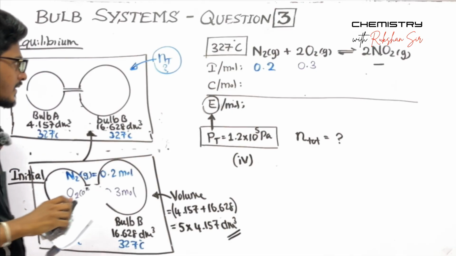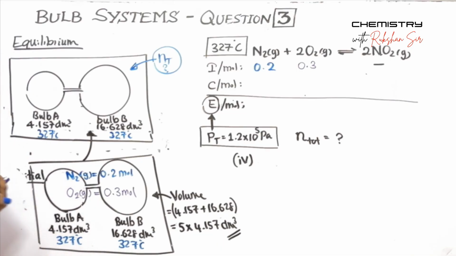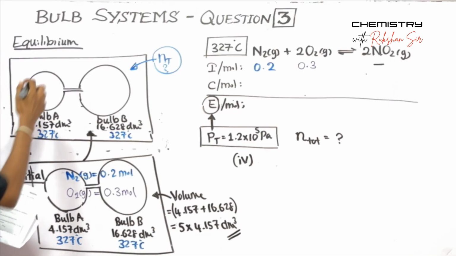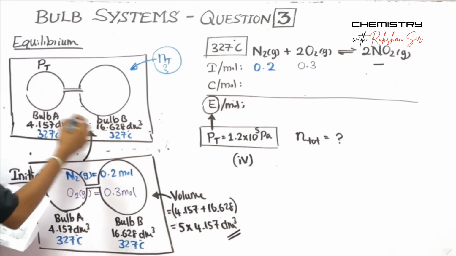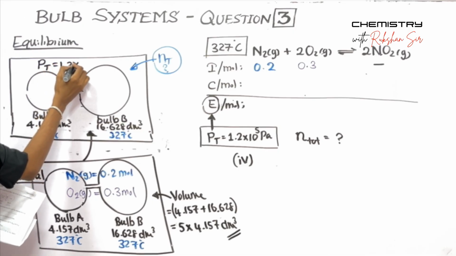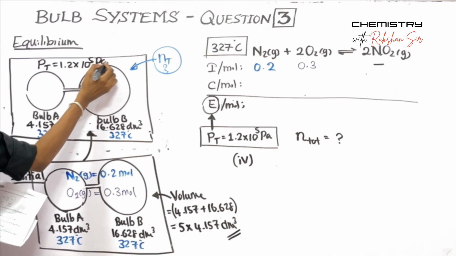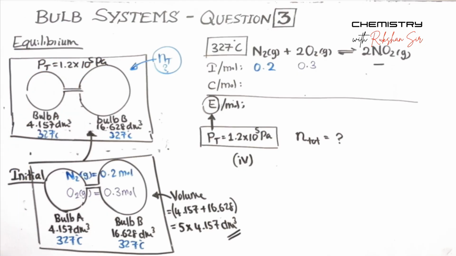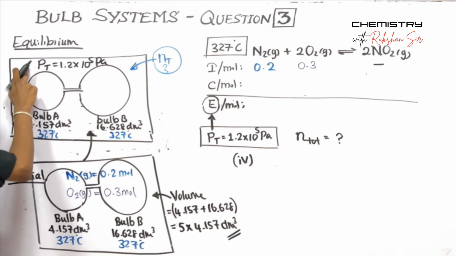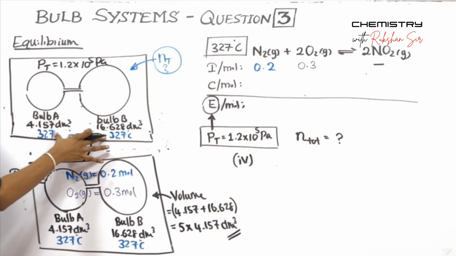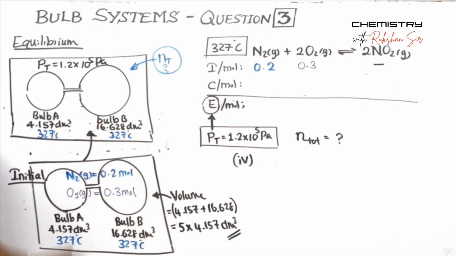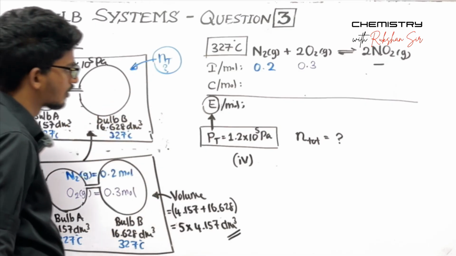So in this case, we know the P total. They have provided the P total as 1.2 into 10 to the power 5 pascals. At the equilibrium, they are providing the P total, so we know the P total, we know the temperature, and we know the volume, the same volume, right? And now we can come up with the total number of moles.